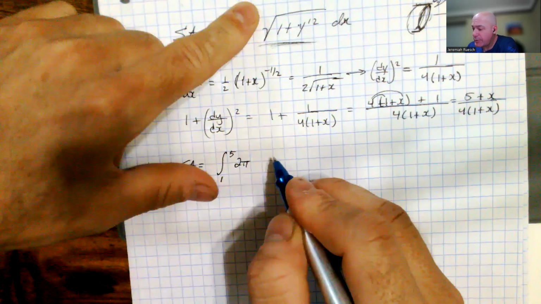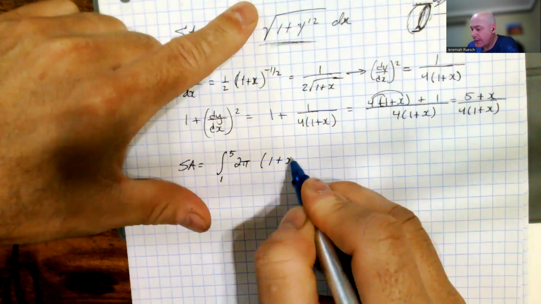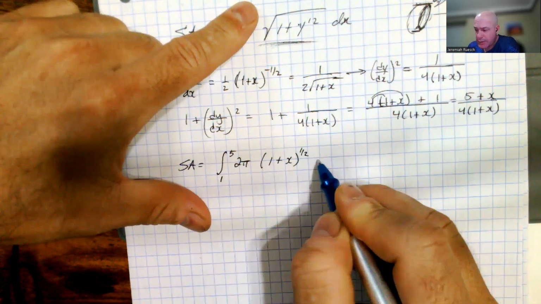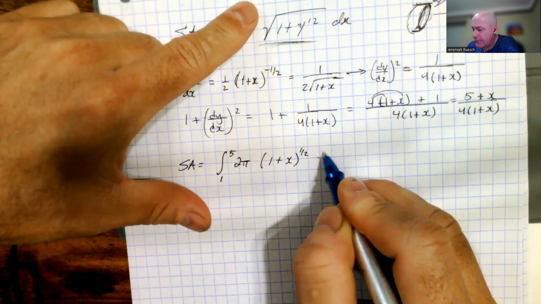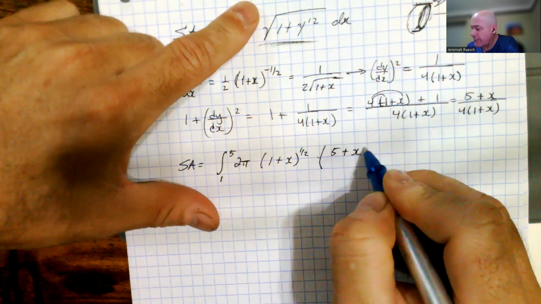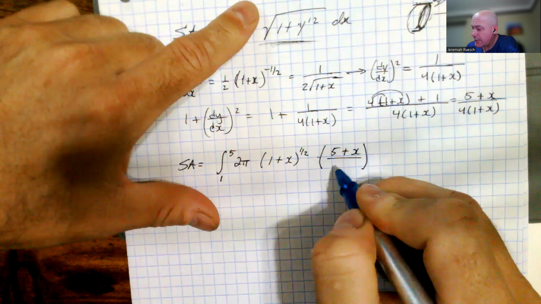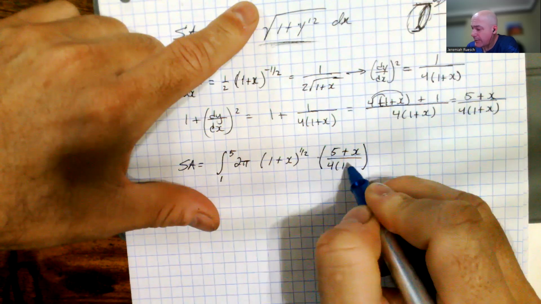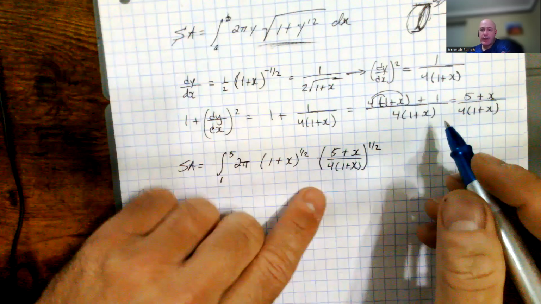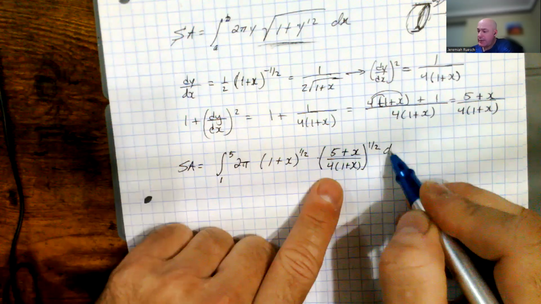y was equal to the square root of 1 plus x, so (1 plus x) to the 1/2. And then we have (5 plus x) divided by 4 times (1 plus x), all to the 1/2, dx, of course.